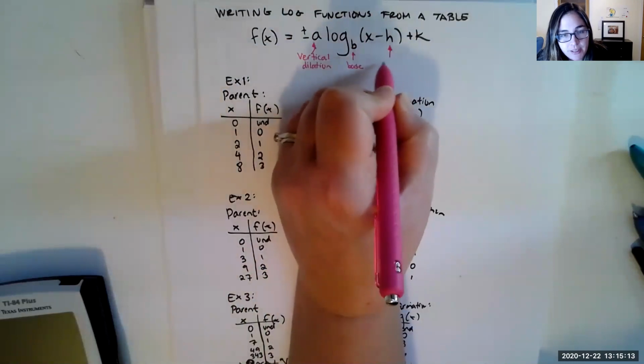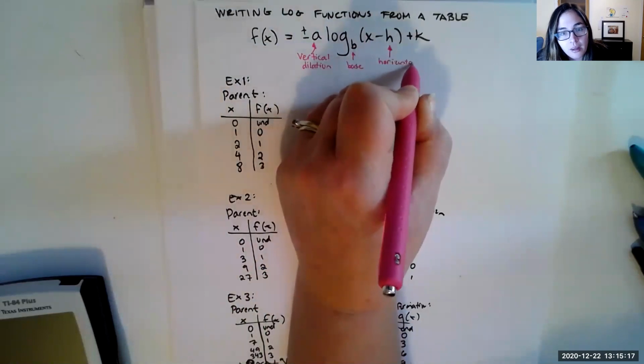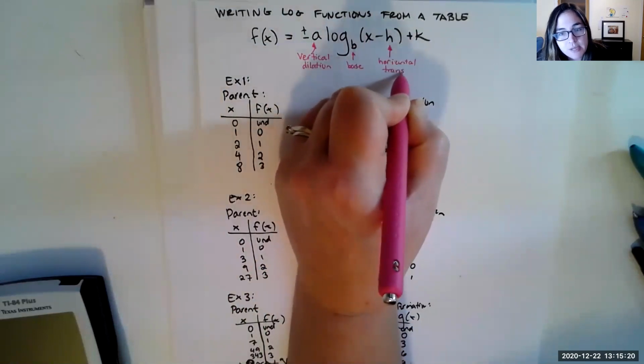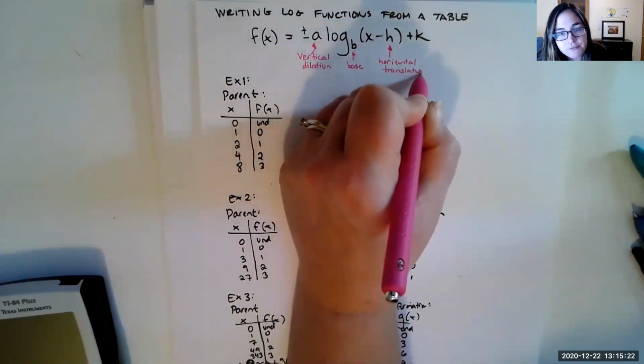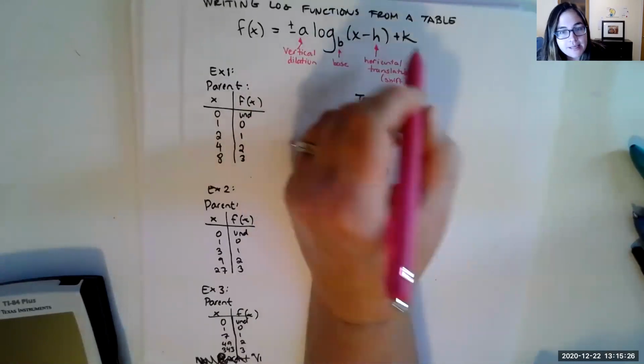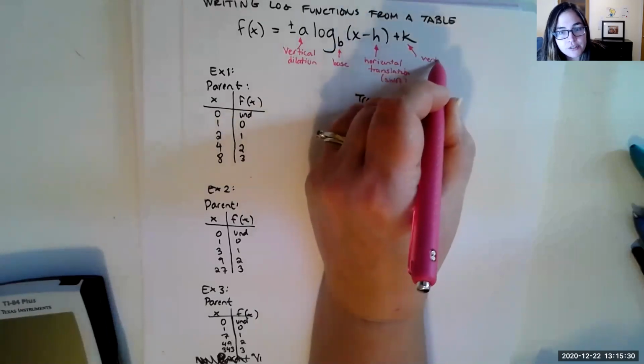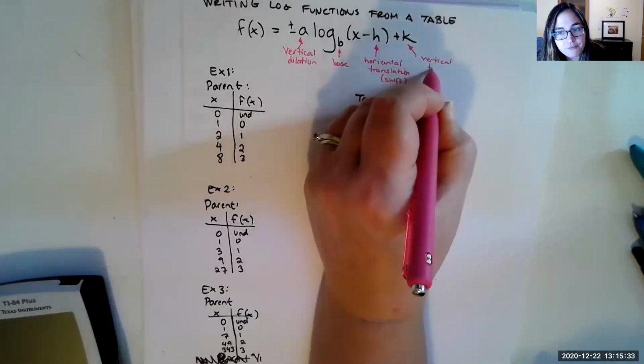H is going to be your horizontal translation, sometimes called your horizontal shift. And then plus k on the outside of the parentheses, that is your vertical translation or your vertical shift.